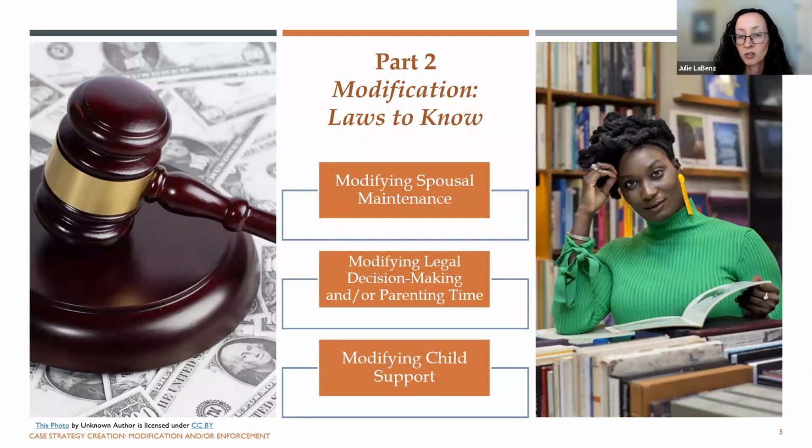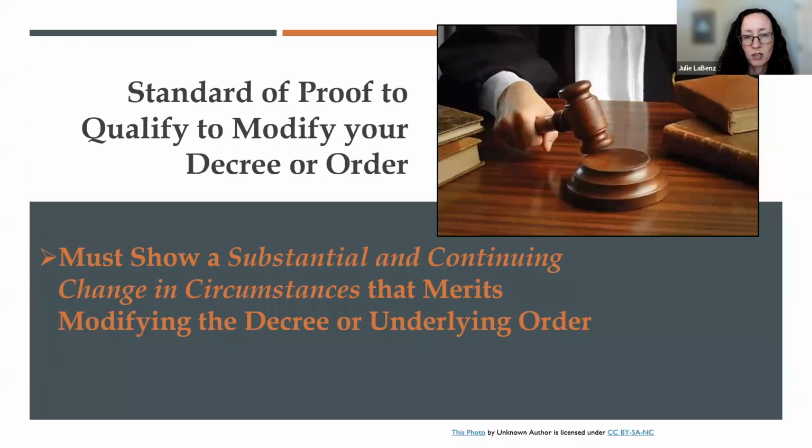All right, let's talk about the laws. Are you looking to modify spousal maintenance? If so, we're going to look at the laws for that. Legal decision-making and or parenting time or child support, we're going to look at different laws for each of those categories. One of the main things to keep in mind is that there is a standard of proof that you will need to meet if you're seeking to modify.